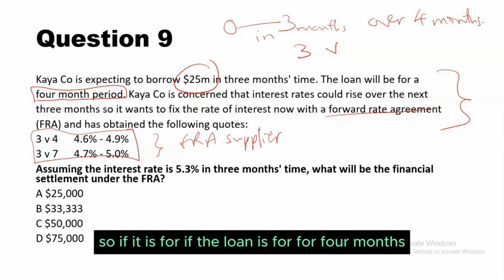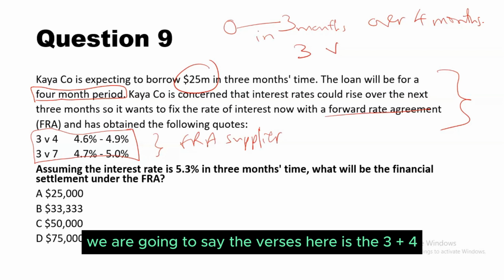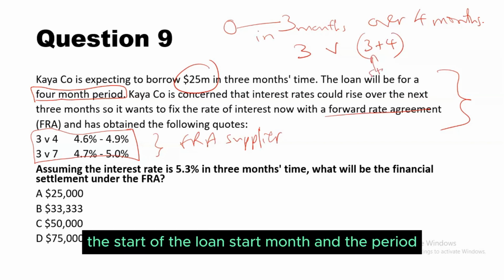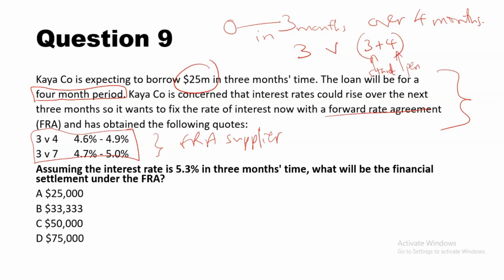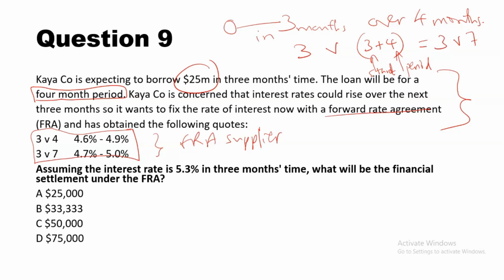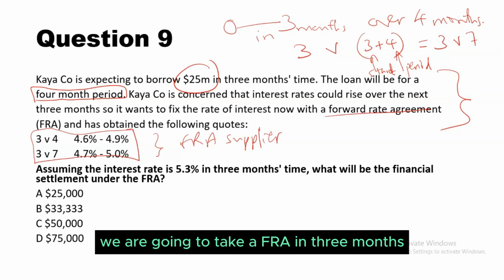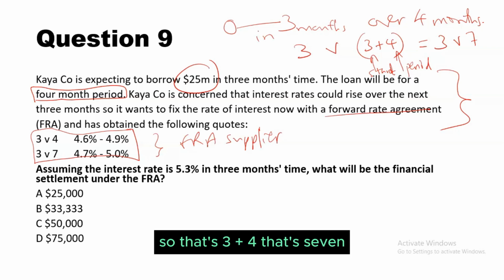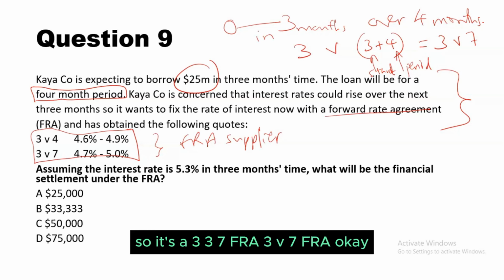Okay, so if the loan is for 4 months but taken in 3 months, the versus here is 3 plus 4. 3 being the start month of the loan, and the period. So we are going to have a 3v7, which signals that we are going to take a FRA in 3 months, but it is going to be for 4 months. So that's 3 plus 4, that's 7. So it's a 3v7 FRA.